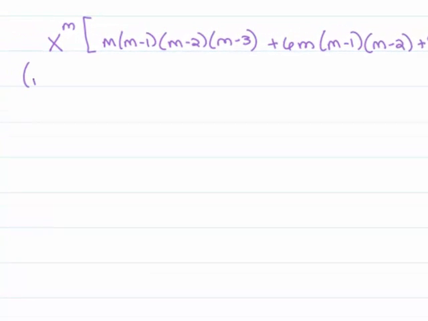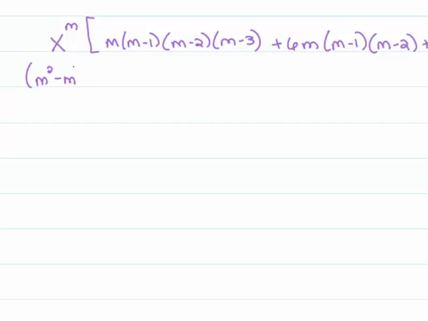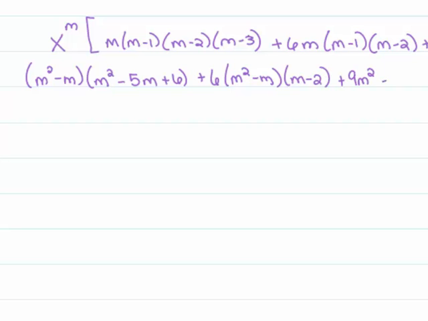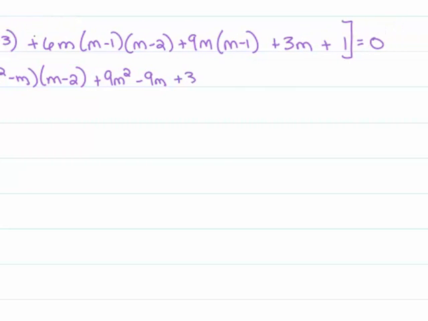So I'm going to write this as m squared minus m times m squared minus 5m plus 6, plus 6 times m squared minus m times m minus 2, plus 9m squared minus 9m, plus 3m, plus 1, and this is all supposed to equal 0. You can see this just becomes a huge multiplication problem, but you would never be able to really memorize what the end result will be.